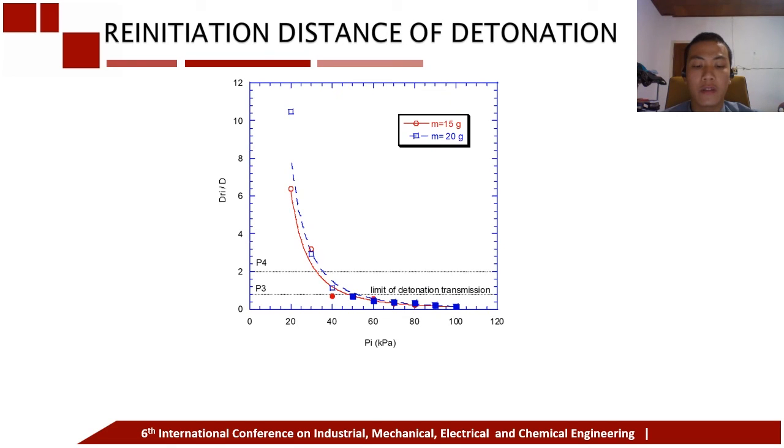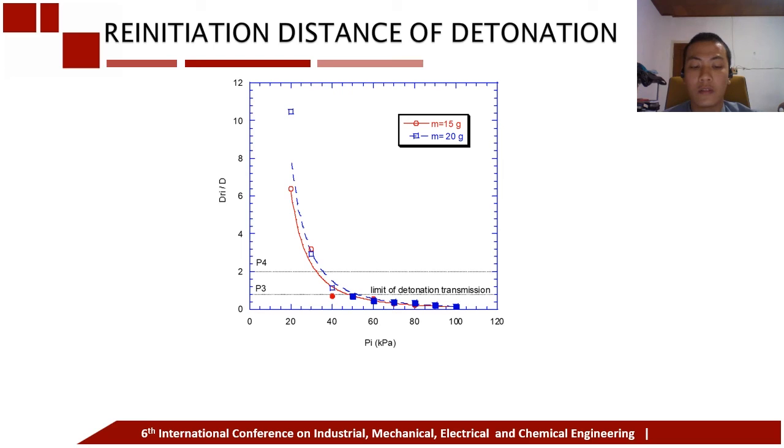Close observation of the figure illustrates that the detonation reinitiation distance is shorter as the initial pressure of the mixture increases. The initial pressure of the mixture directly influences the flame front propagation velocity. Thus, it also affects the velocity of the pressure wave emerging from the model, which corresponds to the energy transmitted by the flame in the downstream of the model.